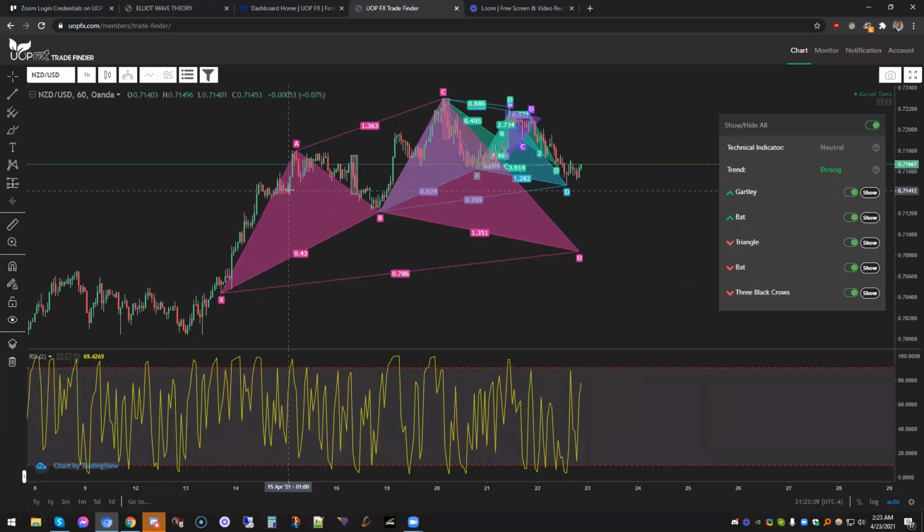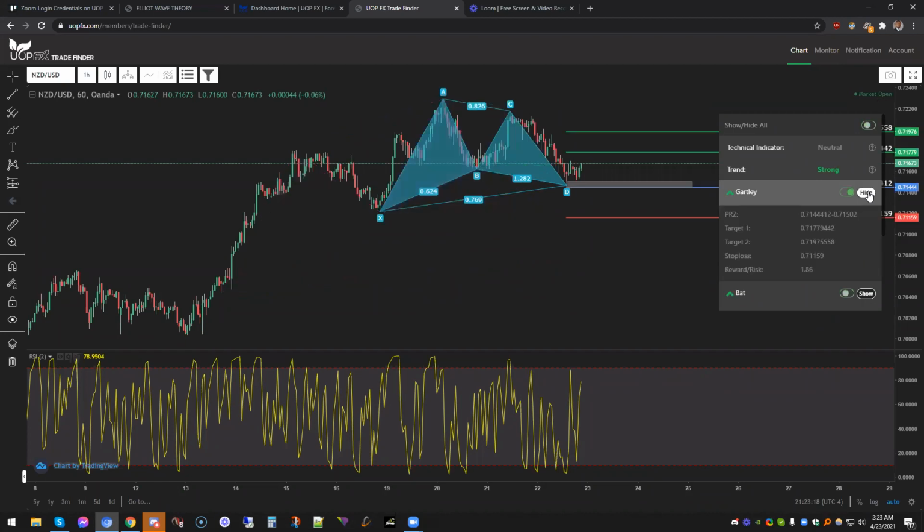All right, so this is just a random harmonic pattern that I have on here. I have actually a couple of them. Okay, this is the one that has currently hit its PRZ. So it hit its reversal zone. So we can look at this one.